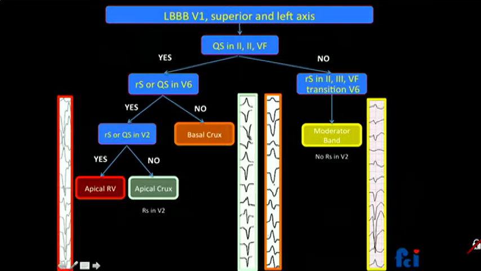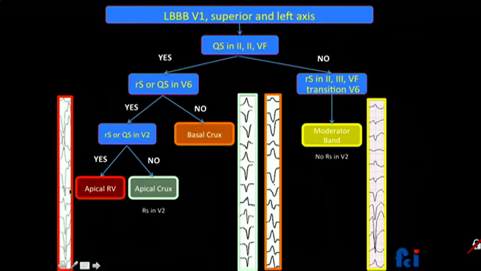Left bundle branch block, QS in D2, D3, AVF, but aside from that, positive V2. These are the apical of the crux, unlike those that are real, true apical of the tip of the right ventricle, where there is a left bundle branch block, QS in D2, D3, AVF.